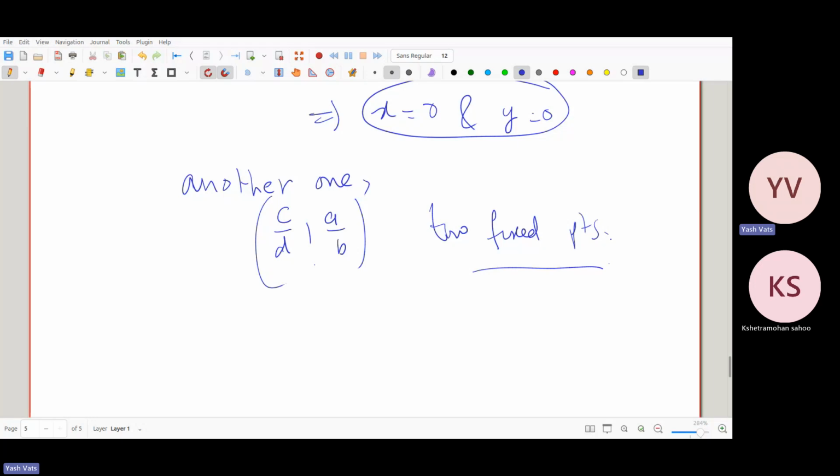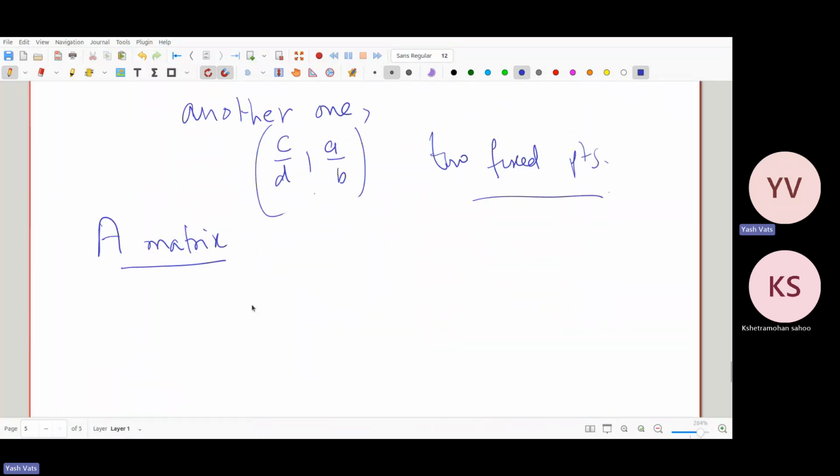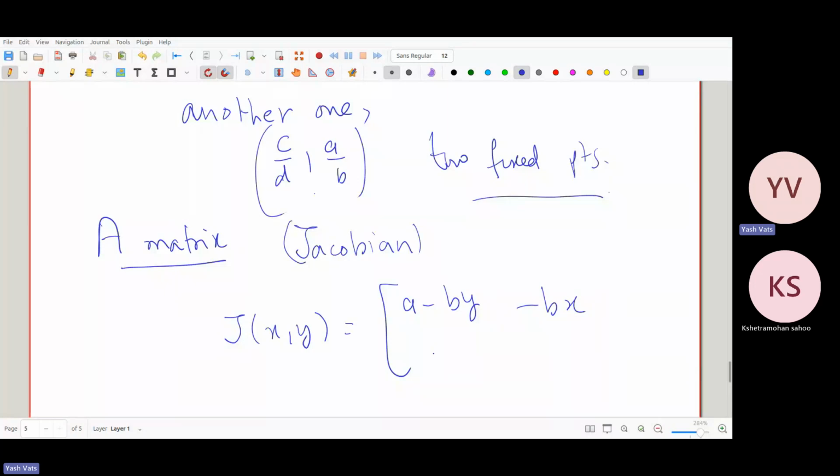Now you consider a matrix. Fixed points are where your solution will approach. The matrix is basically a Jacobian matrix, which is given by J(x,y) = [a - by, -bx; dy, -c + dx].